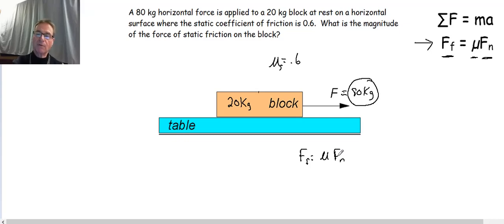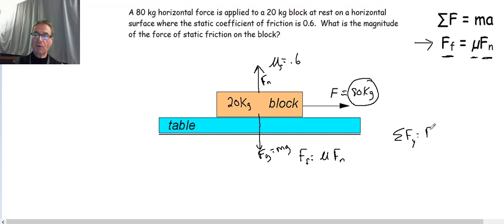So what are the other forces on the block? We have our force due to gravity, which is equal to mg, and we have our normal force pushing from the table back up on the block. If I want to know what the normal force is, I can write my equation for the forces in the y direction.